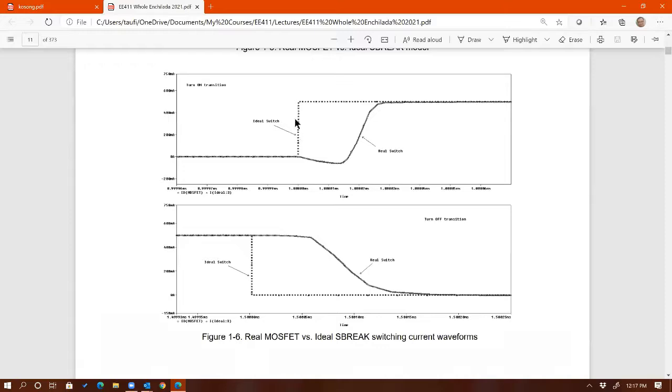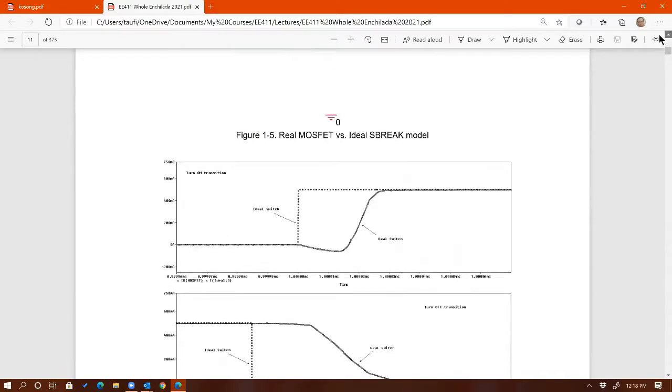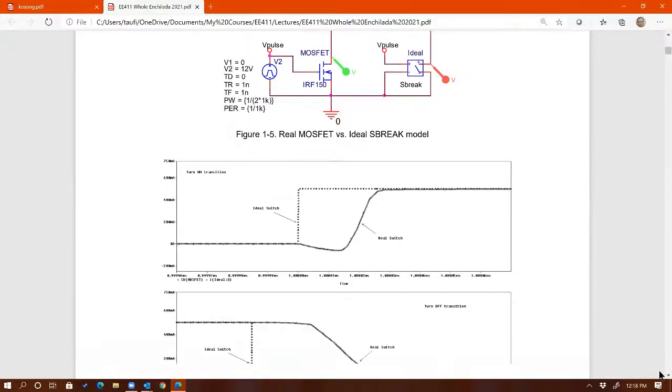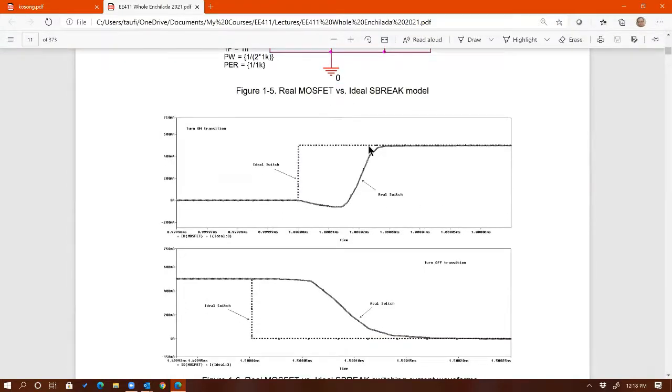You can see the S break is very fast when you turn it on, almost like a square wave. For the MOSFET, when you turn it on, it takes time to turn on. Why? Because there are parasitic components inside the MOSFET: capacitance, inductance, resistance, what have you. That's why it takes time for this MOSFET to turn on.